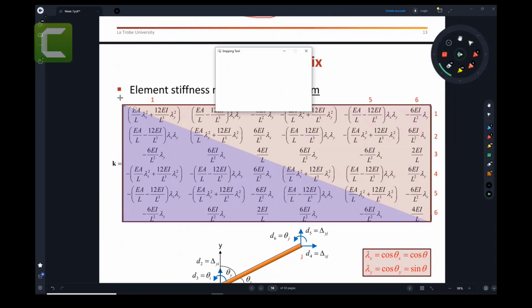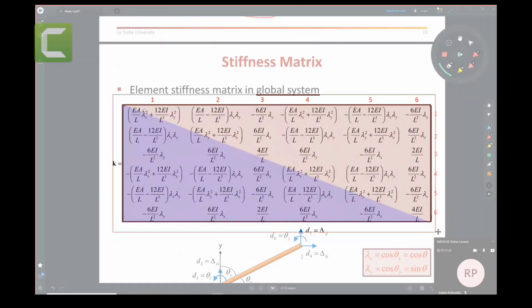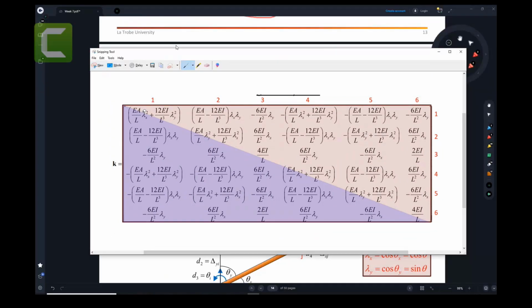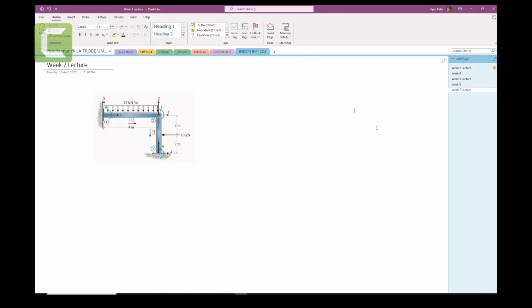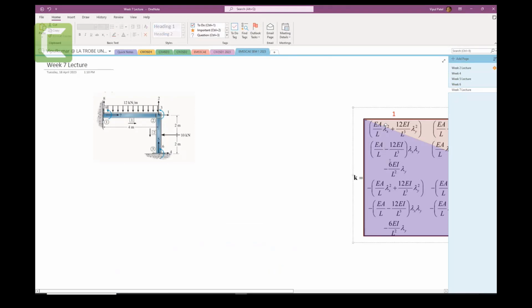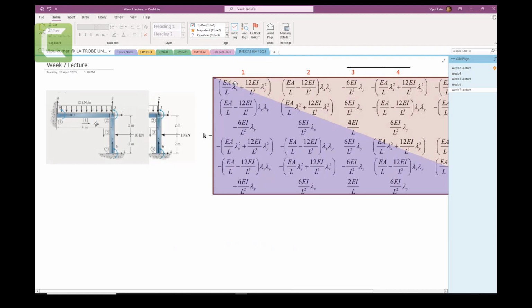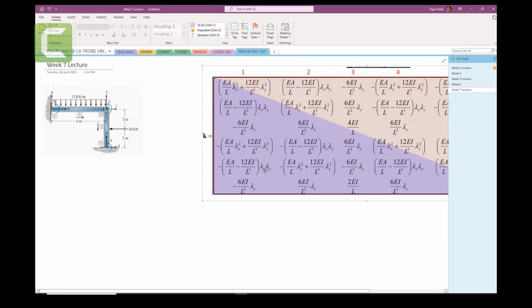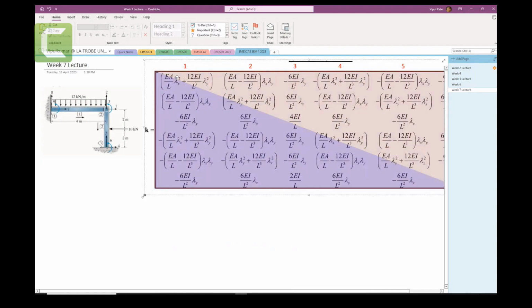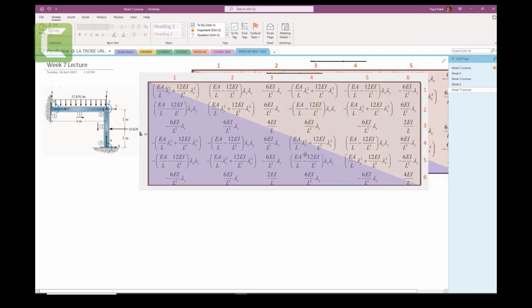So we're going to get these big equations handy, and we're going to get it here. All right, so this one we're going to keep in front of us. Let me move these ones a little bit to the side. Let's make it a little bit smaller so you can see.